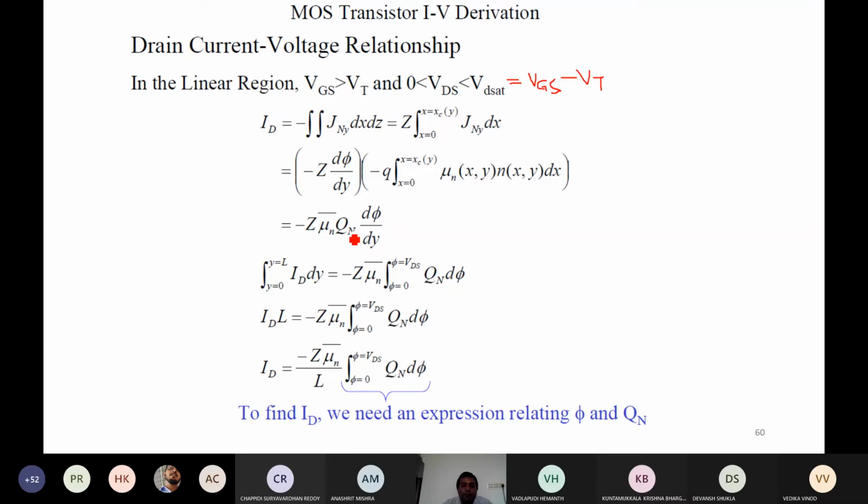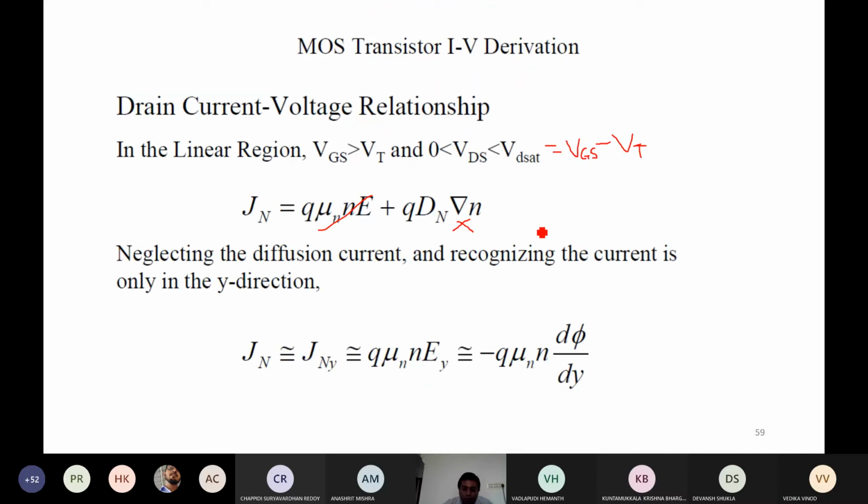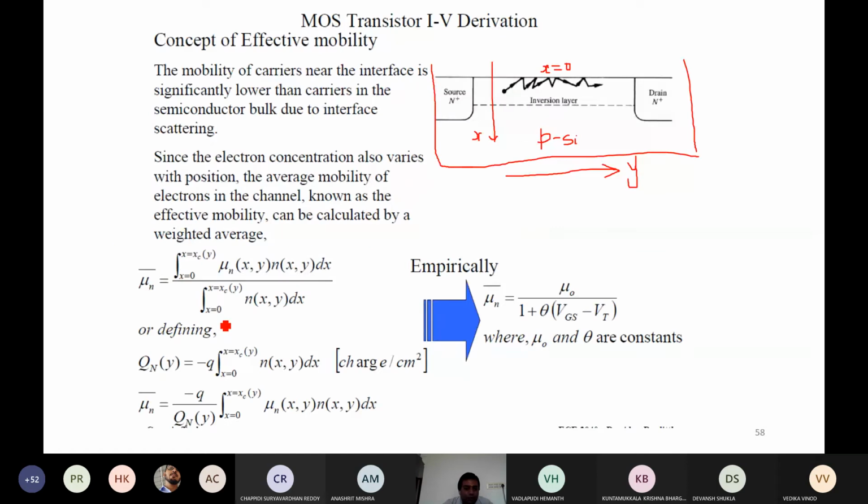Further, we have already defined qn, the charge per unit area in the channel, that is basically minus q times the integral from x equal to 0 to xc of mu n xy and n xy dx.